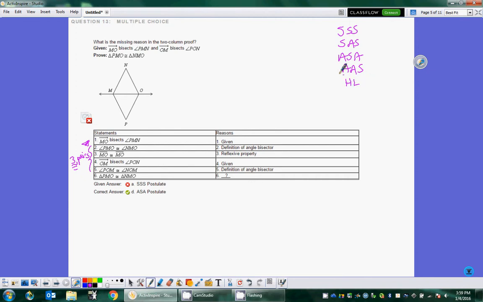So if I were to have A, B, and D congruent, let's see. Oh, never mind. I see what I did. Ignore my last comment. So A, B, and D congruent, that means I've got 2 pairs of angles, and the side is not in between.